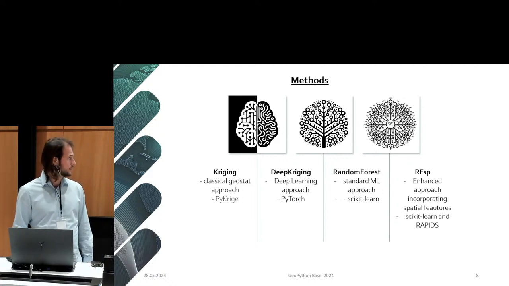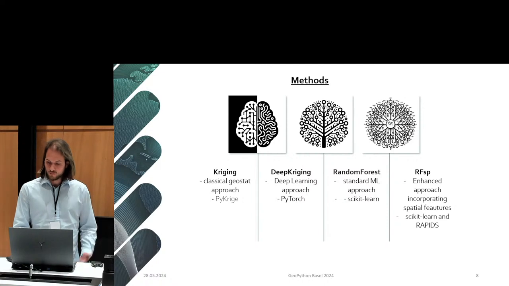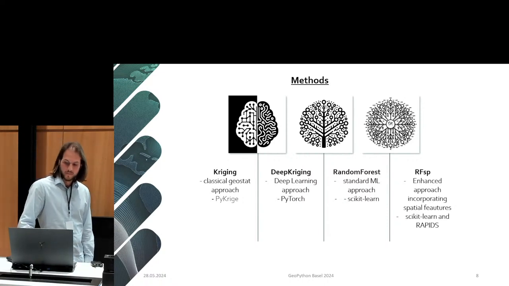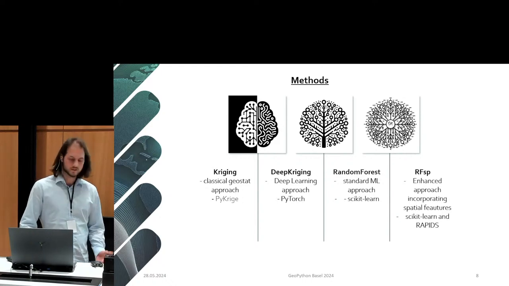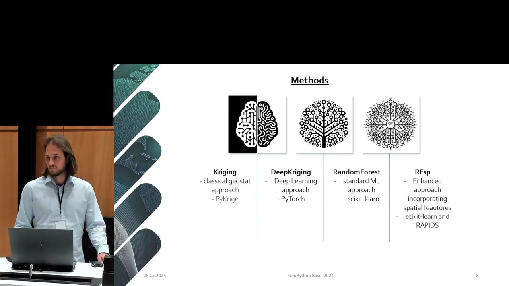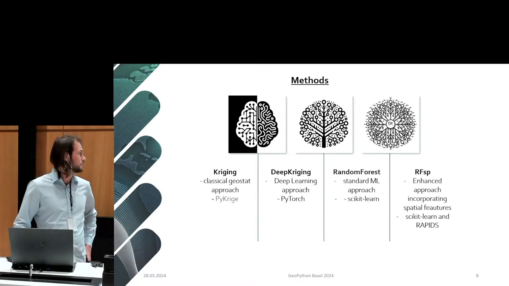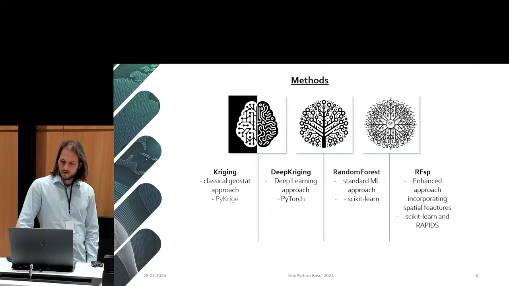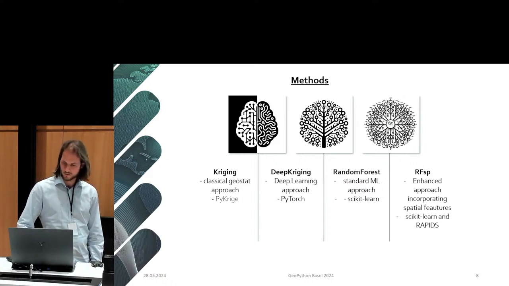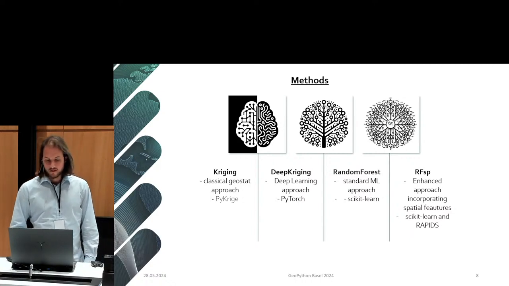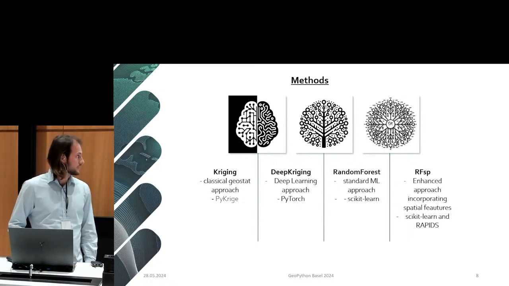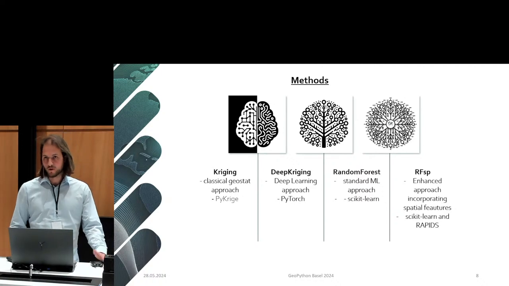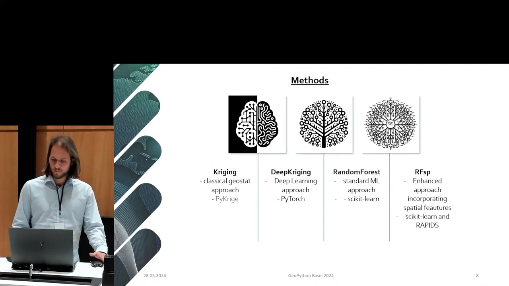In the beginning we identified some promising candidates for the study, and as the benchmark we chose Ordinary Kriging, which is the classical geostatistics approach, and we implemented it with PyKrige, a Python library. Then we implemented a deep Kriging approach, which is a deep learning module.